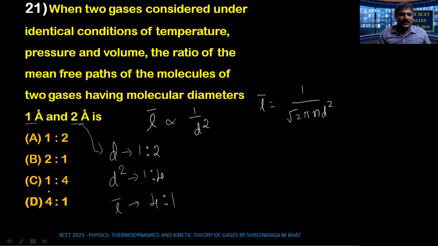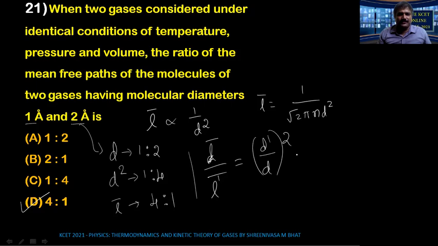So the answer is option D. If you want the exact calculation, L bar divided by L bar dash equals the inverse ratio of the diameters squared. So D dash over D, that is 2 angstrom by 1 angstrom, squared, so 4 by 1.